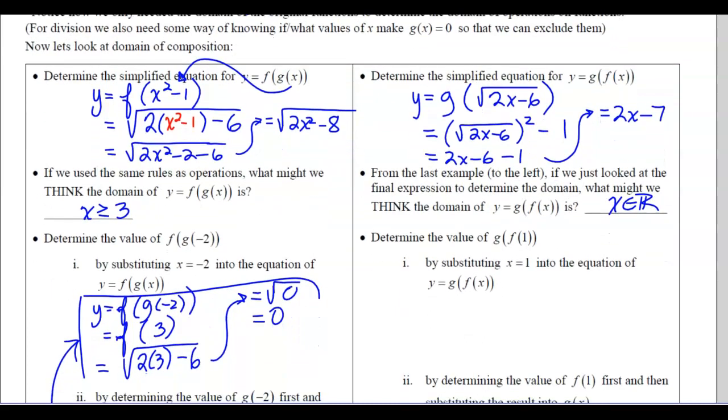By substituting x equals 1 into the equation, so there's my equation. So now if I put 1 in, I get negative 5. So I get an answer. That's all good.